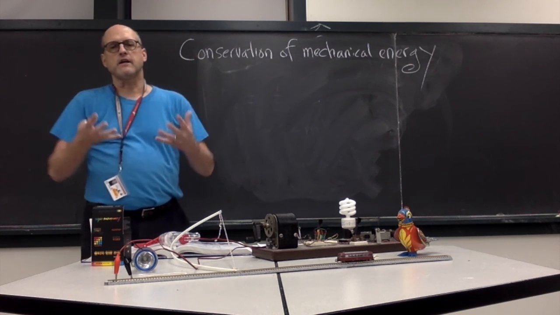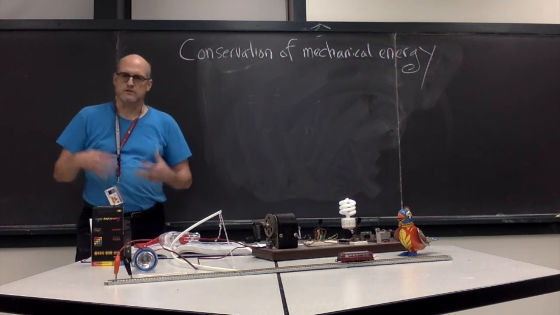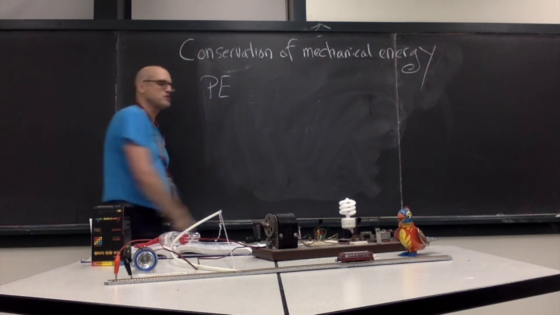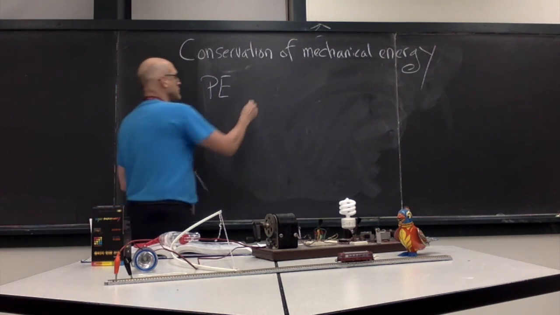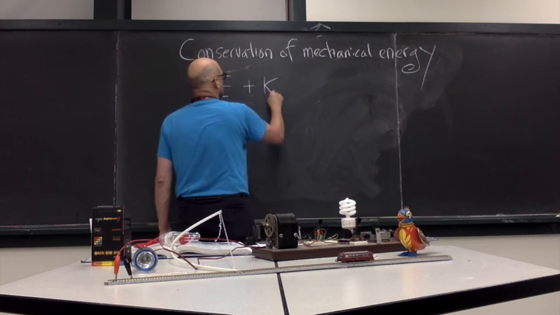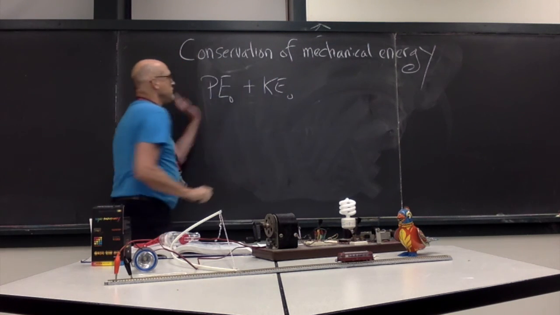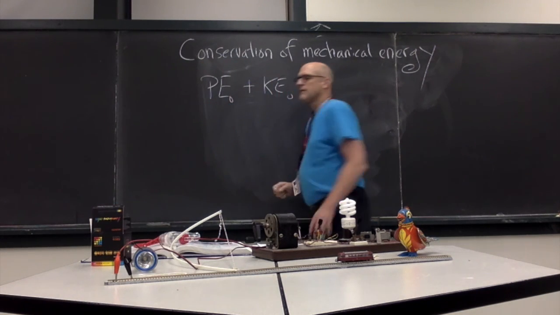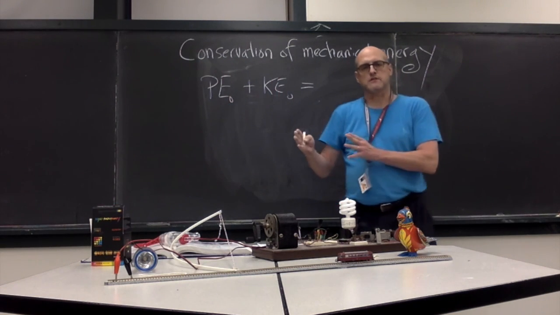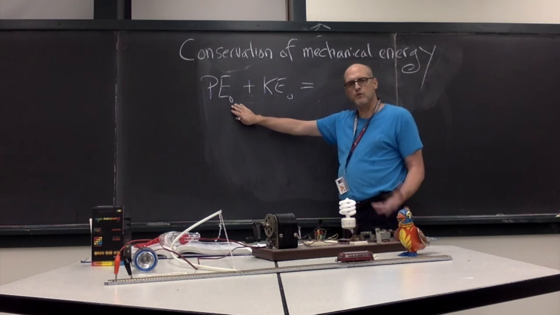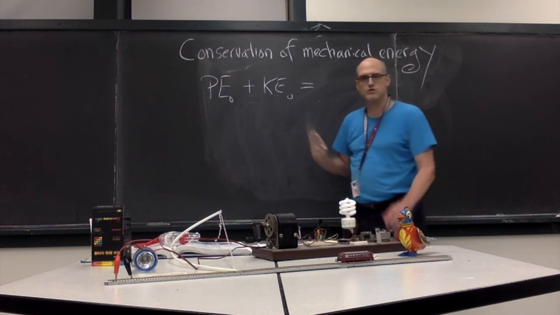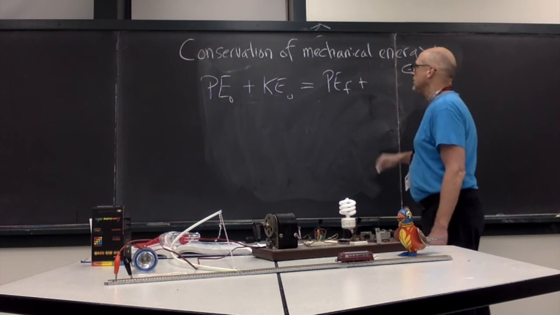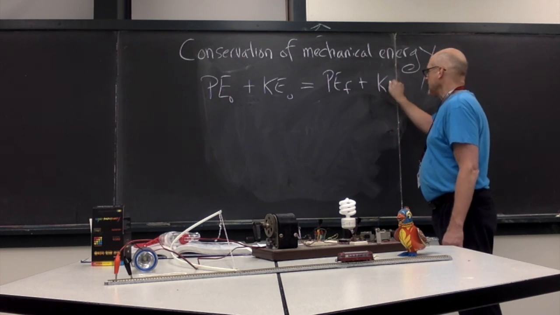So whatever a body starts out with as far as its mechanical energy, which would be its gravitational potential energy and its kinetic energy, if you add those two together, that value should remain constant. So we say PEO, original potential energy, plus original kinetic energy, is equal to final potential energy plus final kinetic energy.